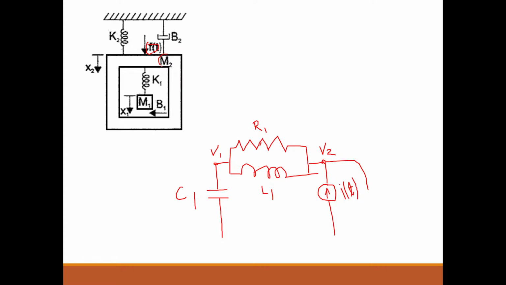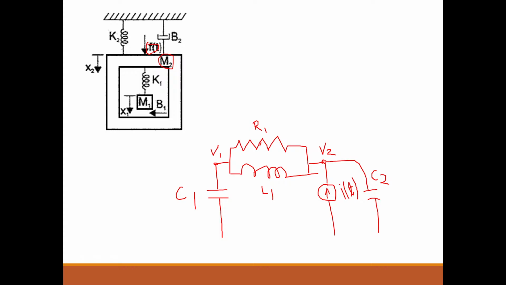It is M2, the opposing force due to M2. What is the analogous of M2? That is C2. We must connect C2 in parallel with the other element connected to this node, the source.